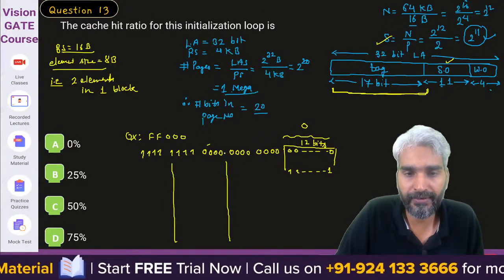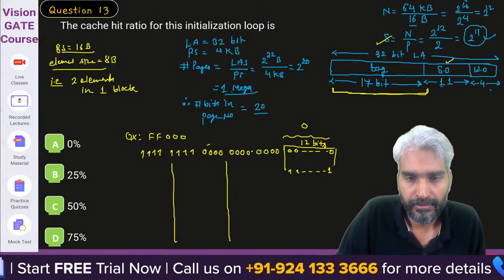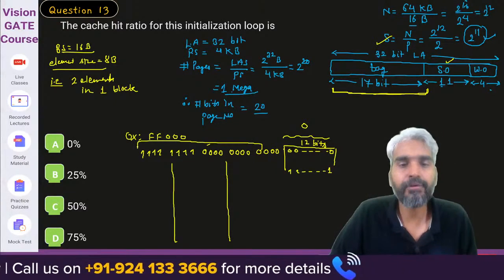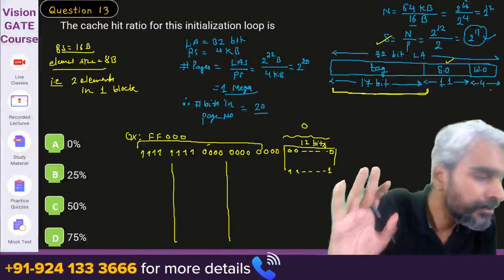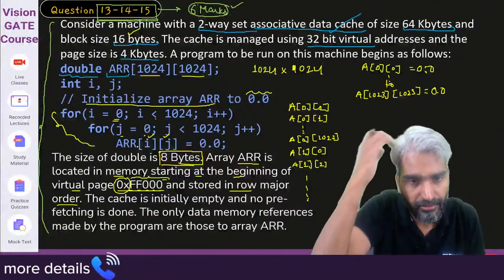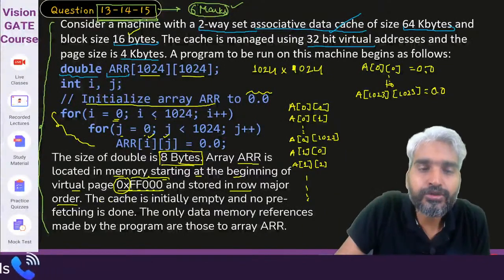So 4, 4, 8, 4, 3, 12, 16, 17. These bits will define the main memory block number. That's again another piece of information. Now, it says it is stored in row major order.